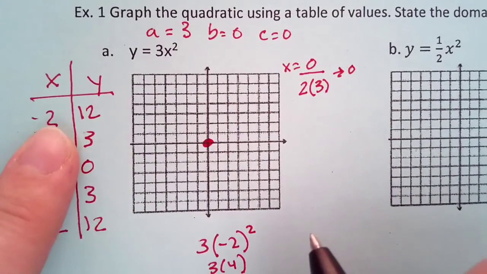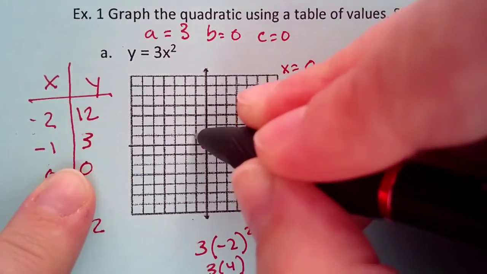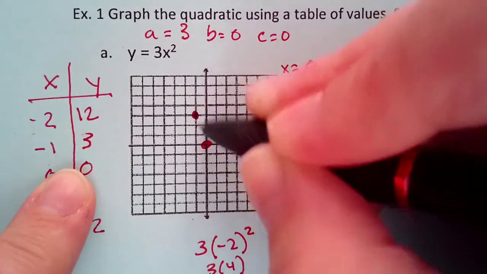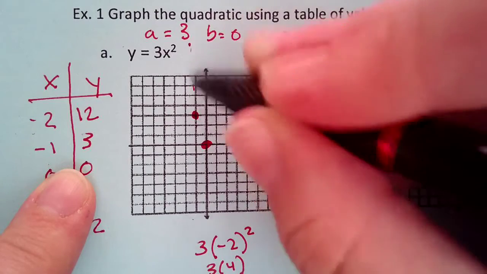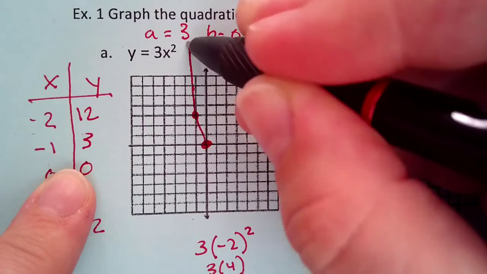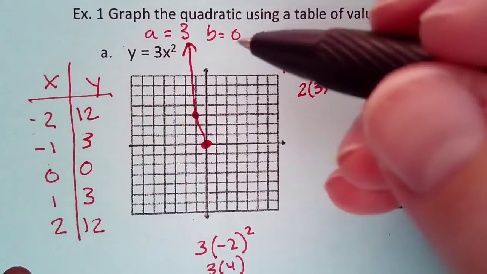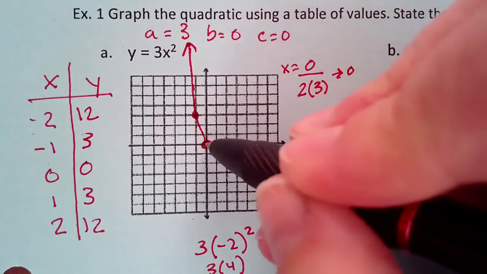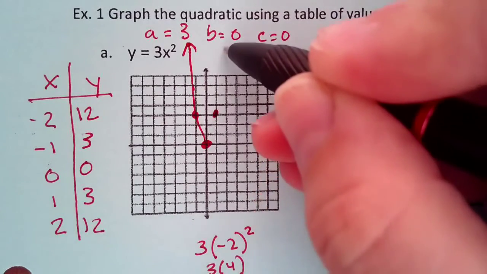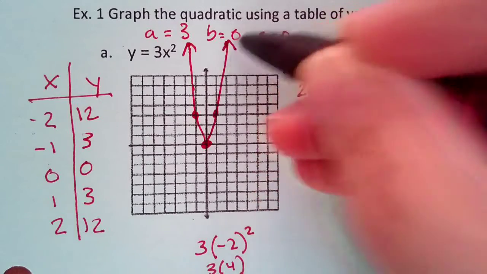Negative 2, 12, it's going to go off the graph. Okay. Negative 1, 3, left 1, up 3. Negative 2, 12 would be way up here, so I am going to note that it would be getting taller here, so I'm not going to keep going wider after that point. I'm going to go a little bit wider, but much taller. And then 1, 3 would be here, and then 2, 12 would be way up here.